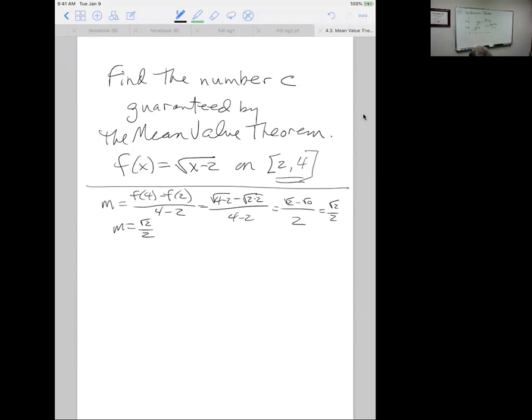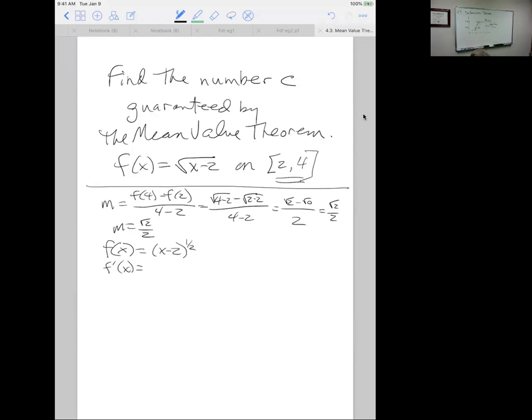So what we've got to do is find the derivative of the function and set it equal to this slope and solve for x. Figure out what x will give us this slope, all right? So we take the derivative. If f of x is equal to x minus 2 to the 1/2, then f prime of x has to equal, here's a little derivative opportunity for you.